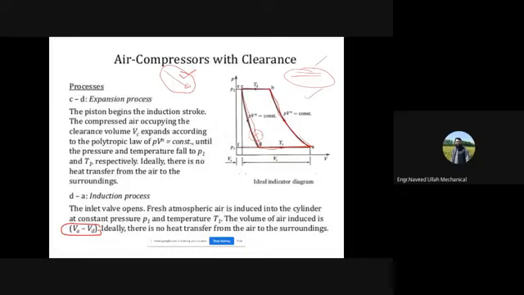Okay, now the expansion process, that is this compression and expansion, they are polytropic in the first place. ठीक है? तो यहाँ पे what you need to do is, if you want to find out the work consumed by the compressor, तो work consumed ये होगा, अच्छा, area under this curve.